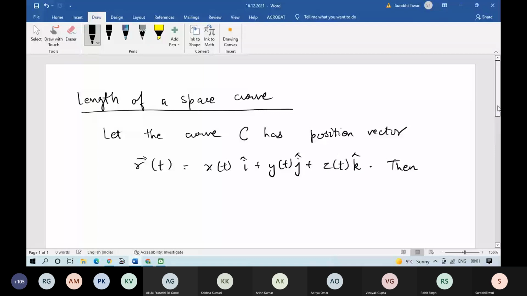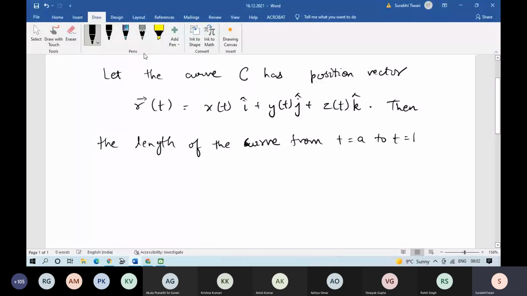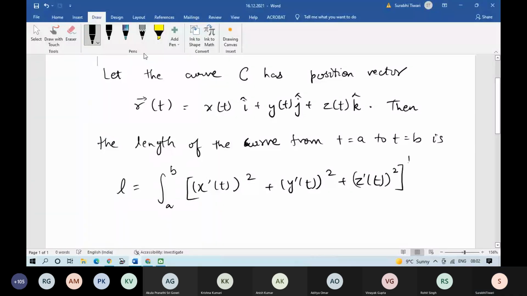Then the length of the curve from t equals a to t equals b is L equal to the integral from a to b of (x'(t))² plus (y'(t))² plus (z'(t))² whole to the power half dt.